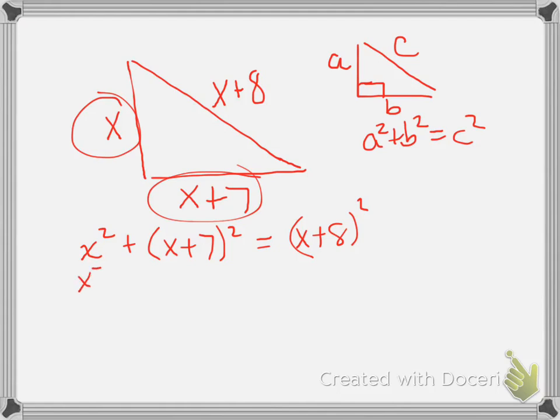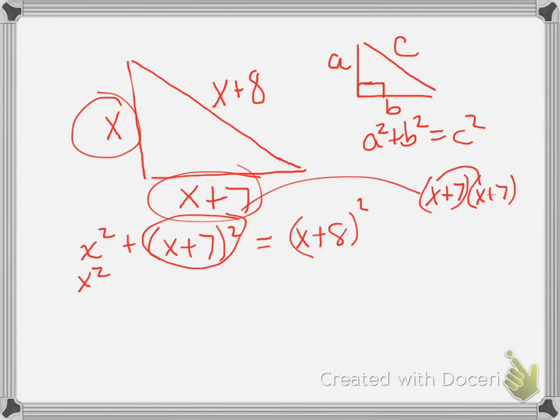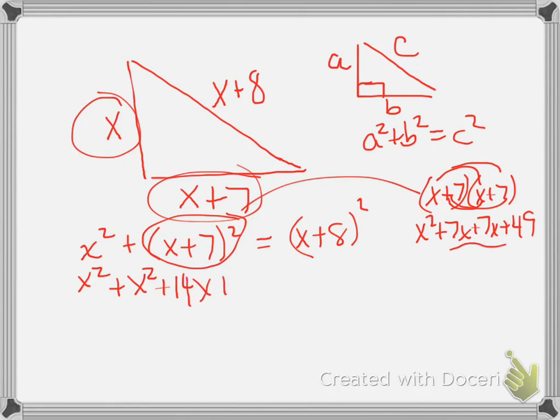So I have x squared. If I square x plus 7, I'm going to do that over here. You have to FOIL it, so x squared plus 7x plus another 7x plus 49. So you have x squared plus 14x, the 14 coming from there being a 7x and a 7x, plus 49.